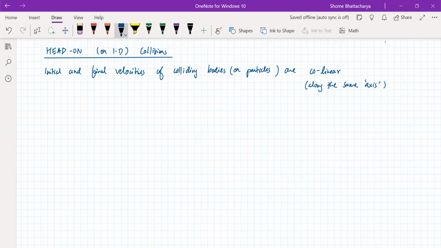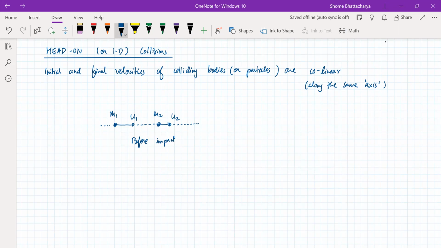Okay, so if we look at the general situation like this, that a particle of mass m1 moving at a velocity u1 along this axis is colliding with another particle of mass m2, which is also moving along the same axis. They could be moving in the same or opposite direction, but importantly, their velocity vectors are collinear. So this is the situation before impact.